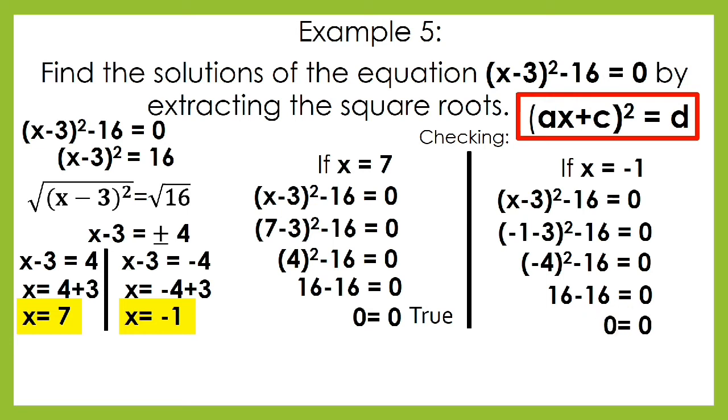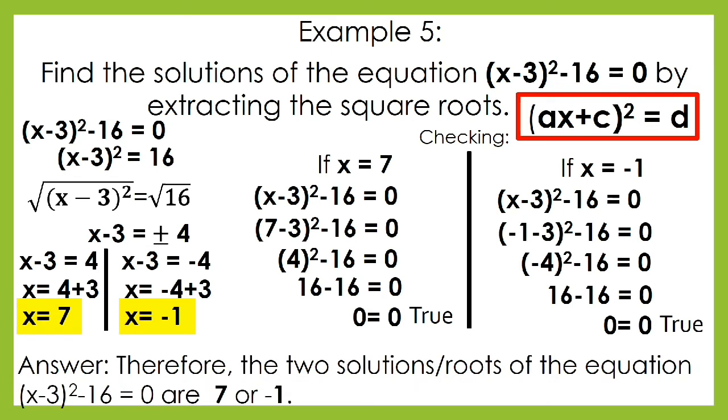And then we have 0 equals 0. That is also true. Okay, so therefore our answer, the two solutions or roots of the equation (x minus 3) squared minus 16 equals 0 are 7 or negative 1.